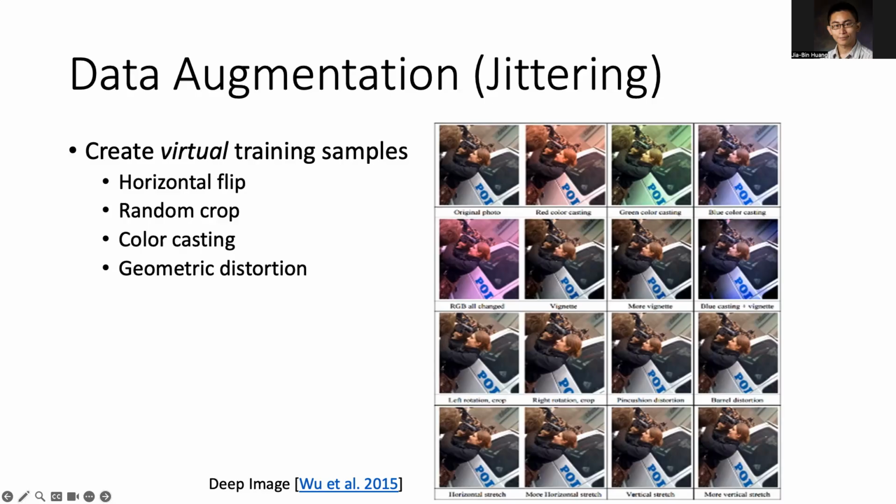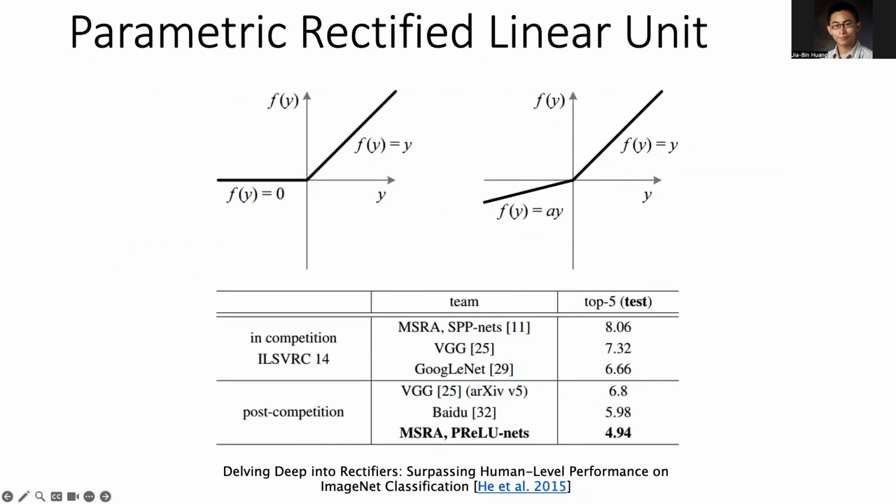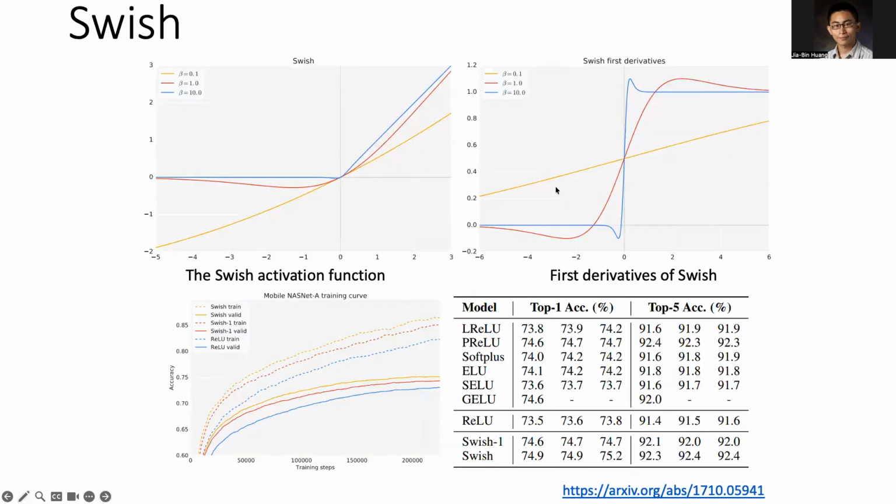Activation, people also look at how you can further improve the activations. For example, ReLU is the baseline, and people found that instead of using the flat line, you can use a parametric version to improve. There are also many other choices, like Swish and so on.